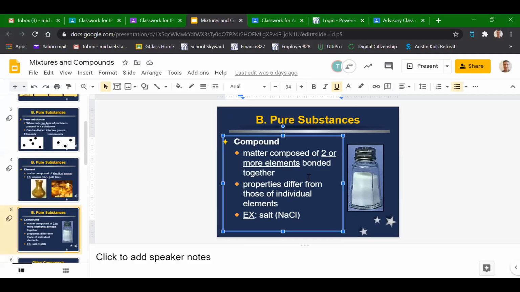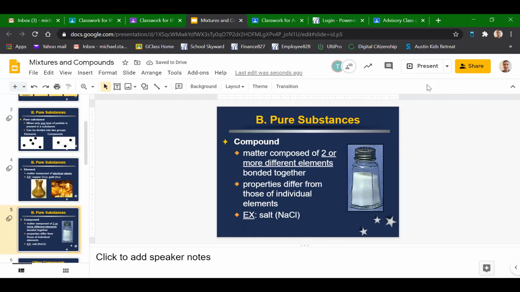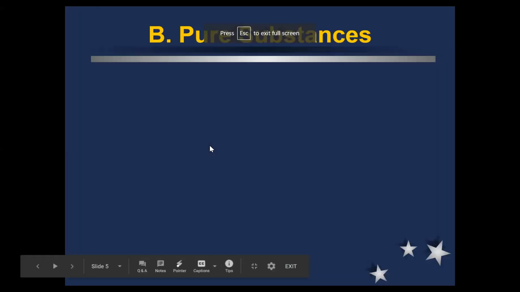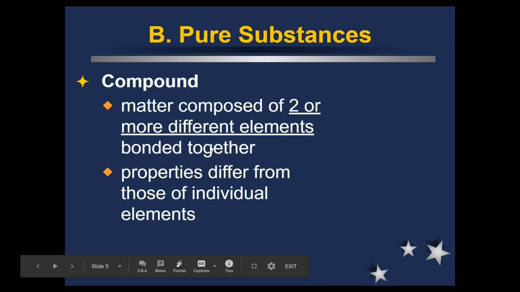It's not just two or more elements, it's two or more different elements. Like in that slide we had a couple slides ago, we had the black dot and the white dots bonded together.